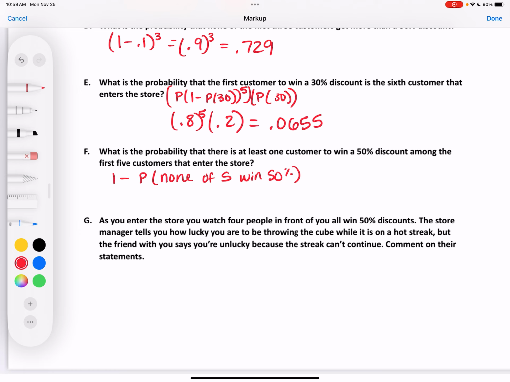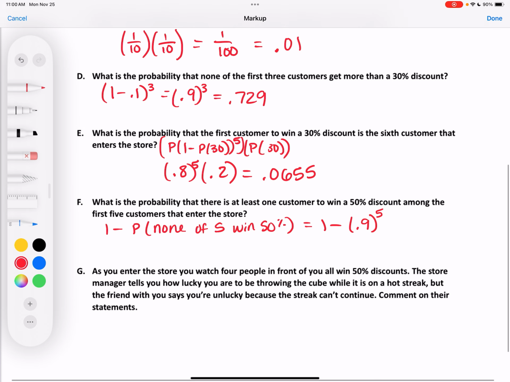So this is going to be 1 minus 0.9 raised to the 5th. Notice this one's a little different because we have 5 people in a row that are not getting a 50%. It's 1 minus that versus the other ones, the way that they were written. The probability that none of the first 3 get more than a 30%, it's the whole thing when we were doing the complement. It's different what we're doing the complement of.